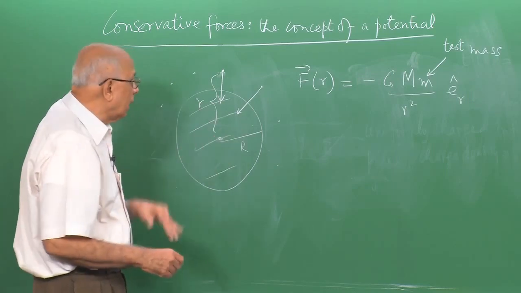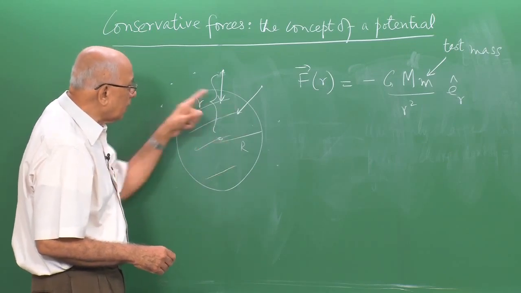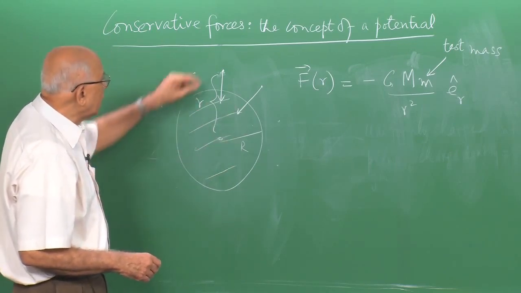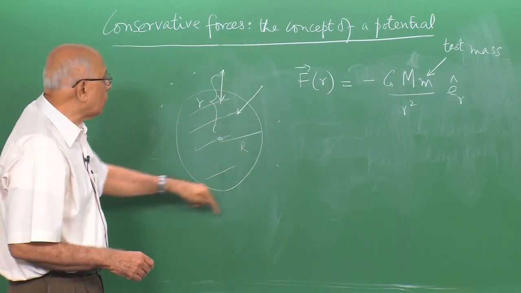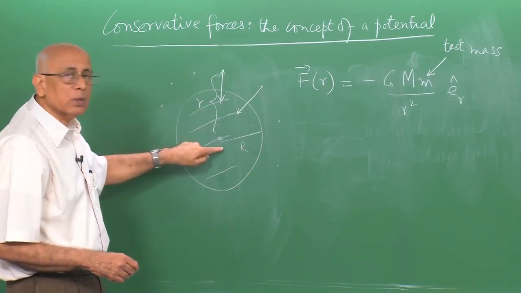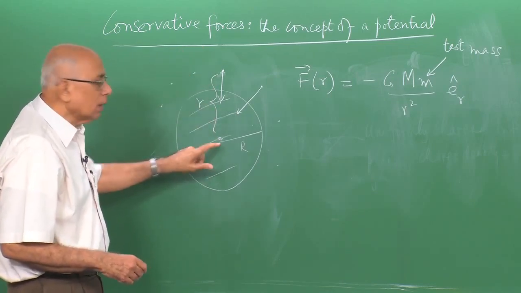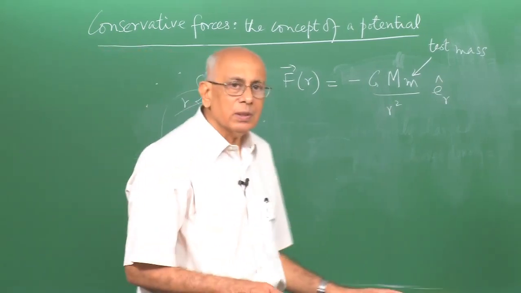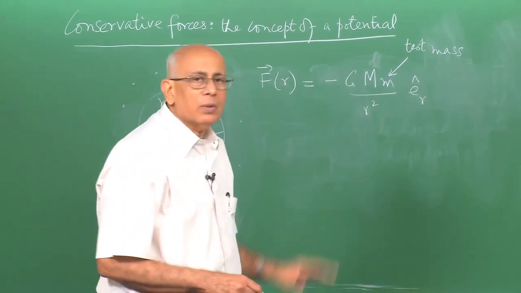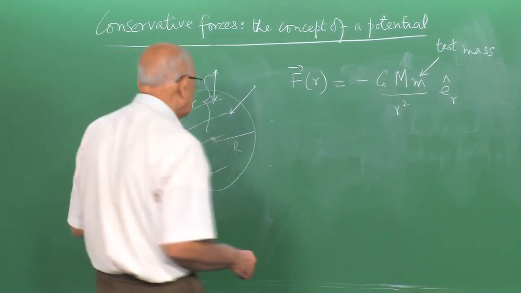And the remarkable thing which was discovered by Newton first is that when you have a spherically symmetrical mass distribution, then the field at any point outside does not depend on the angular coordinates of that point with respect to this origin, but only on the radial distance from this point. So this magic property of spherically symmetric mass distributions is common also to the case of the Coulomb potential or the Coulomb electrostatic force between charges.